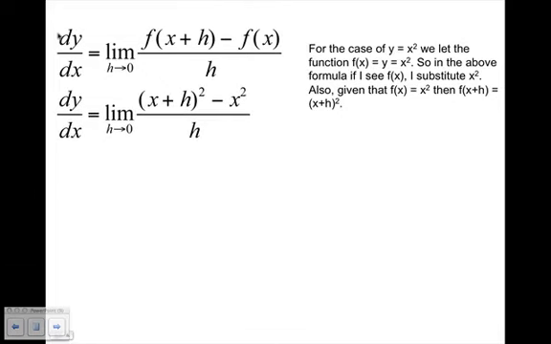So let's see our first step here. My f of x is x squared, and my f of x plus h is x plus h all squared. Okay, if f of x is x squared, and I want to know what f of x plus h is, then what I need to do is find wherever there's an x, and substitute an x plus h.